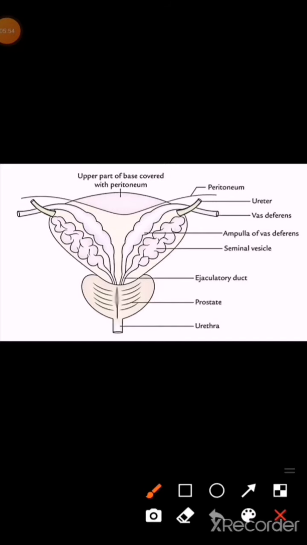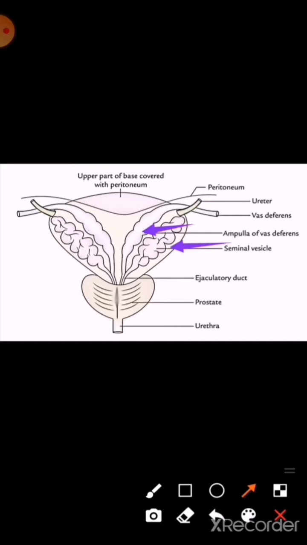It is said that the upper part of the base is covered by the peritoneum, obviously because of the rectovesical pouch, which separates it from the rectum. The lower part is related to the seminal vesicle, shown over here, and to the termination of the vas deferens.